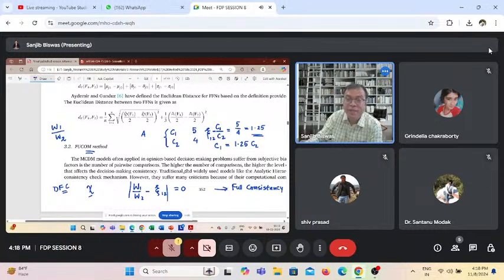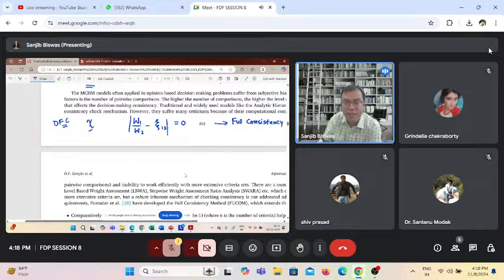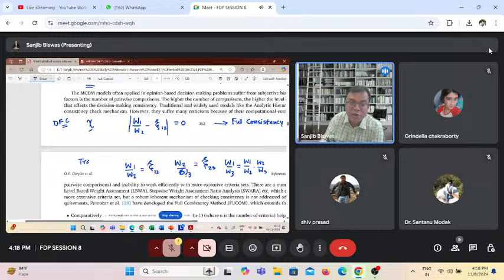Now, in mathematics, there is another important thing. If W1 by W2 equals phi 1 2, and W2 by W3 is phi 2 3, then W1 by W3 should equal W1 by W2 into W2 by W3. This is known in mathematics as the transitivity property. FUCOM also works on the transitivity property, so it checks two conditions.